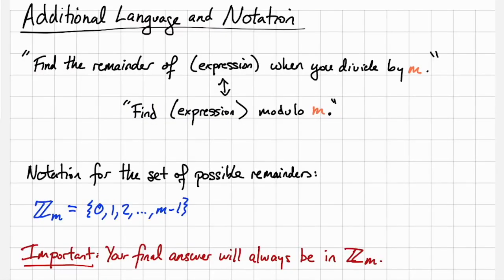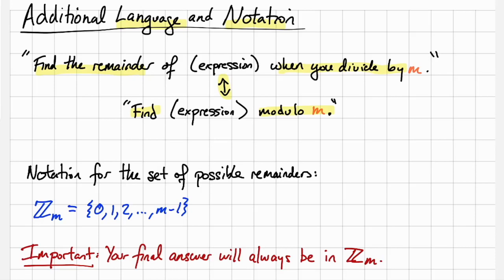One more useful thing to know is that there's some additional language and notation surrounding modular arithmetic. Instead of saying, find the remainder of the expression when you divide by m, often you'll see something that says, find or compute that expression modulo m. These two sentences mean the same thing.